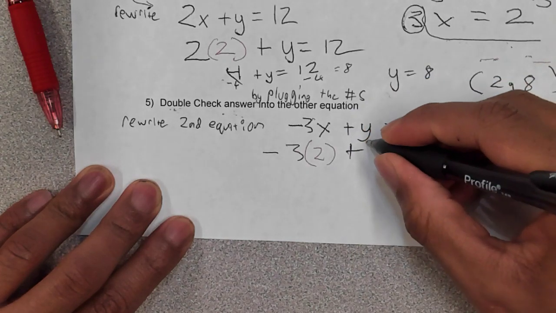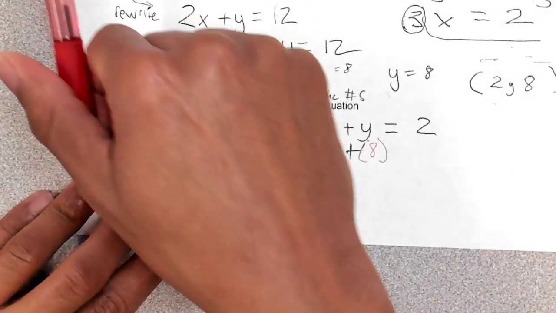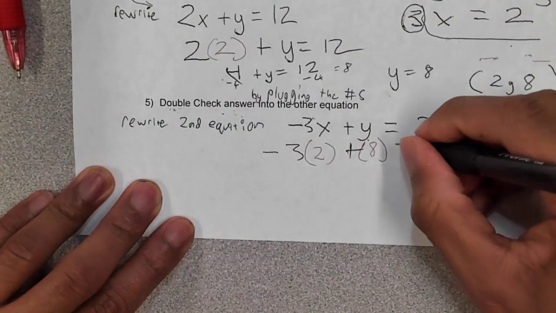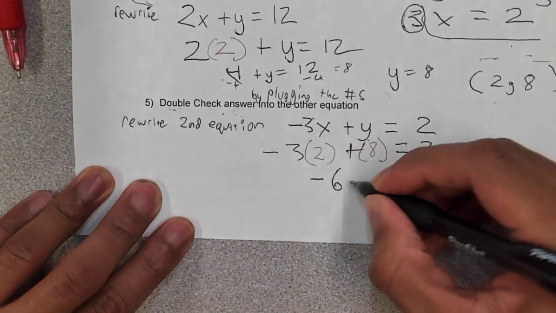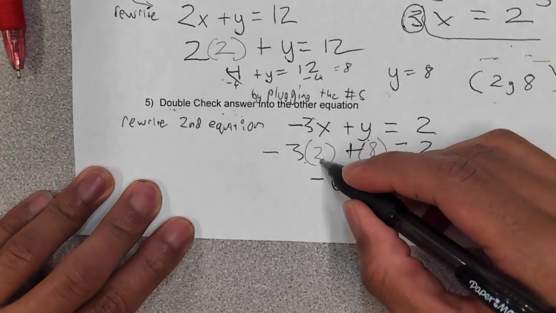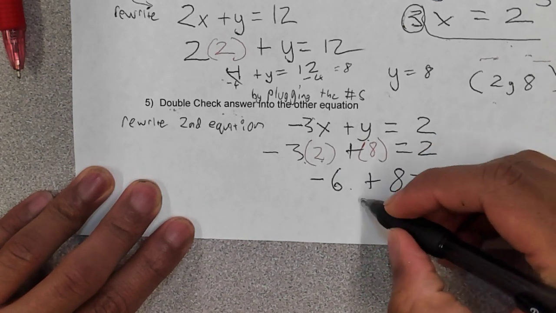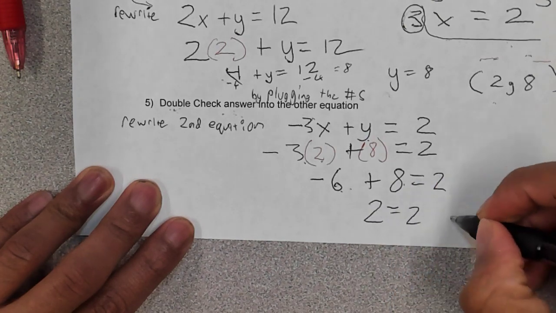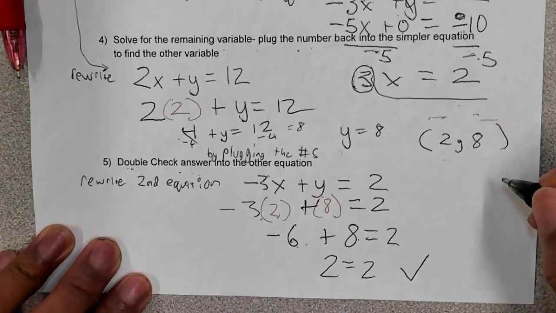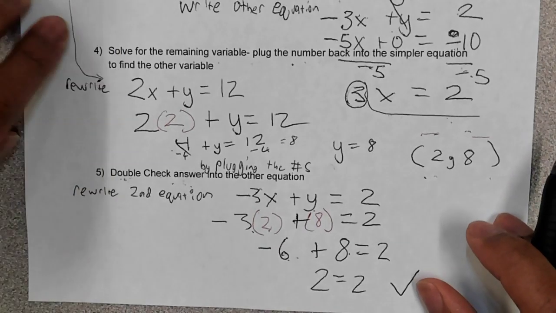Plus, now for y, we're plugging in the answer we got, 8, equals 2. So now it's negative 6. That's negative 3 times 2, which equals negative 6. Plus 8 equals 2. Negative 6 plus 8 does in fact equal 2. So now we know we're right. It's 2, 8. And that's all there is to it.